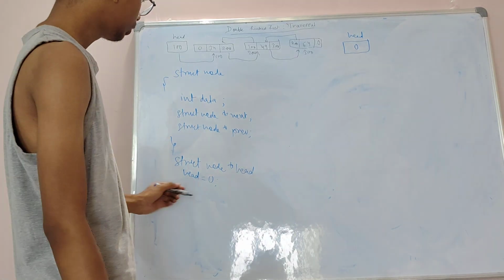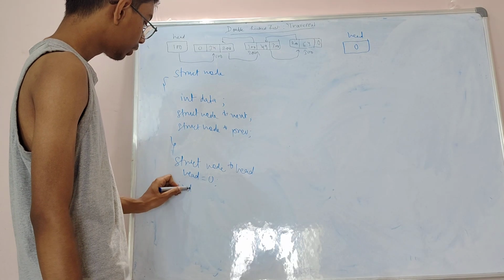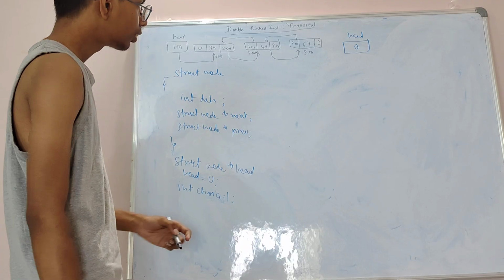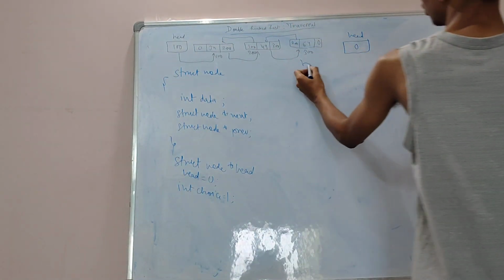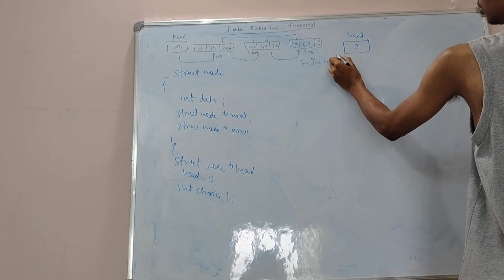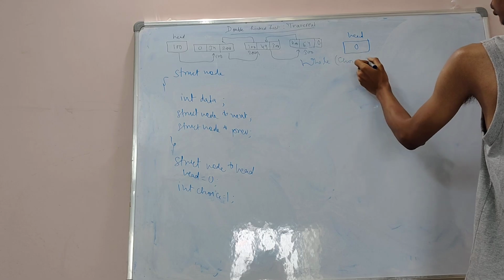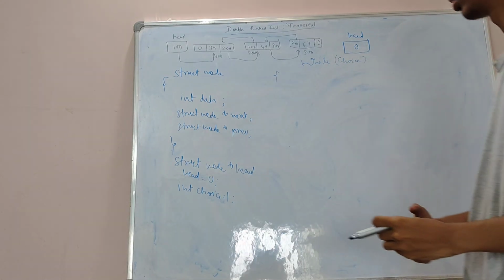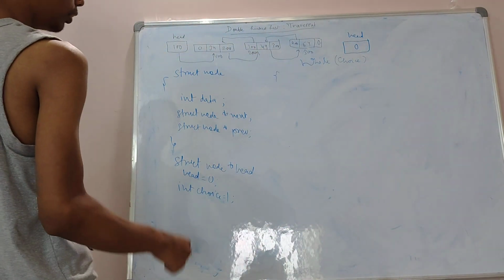Right. So what I will do, I will declare here int choice equal to 1, and I will run a loop while choice. Right.